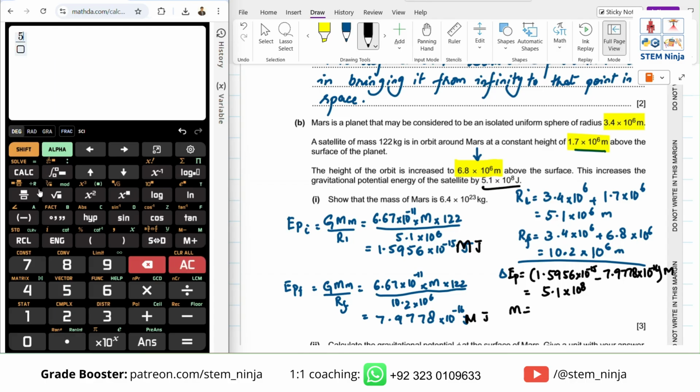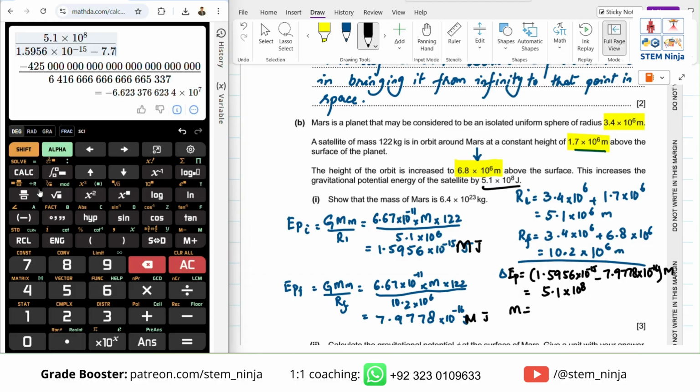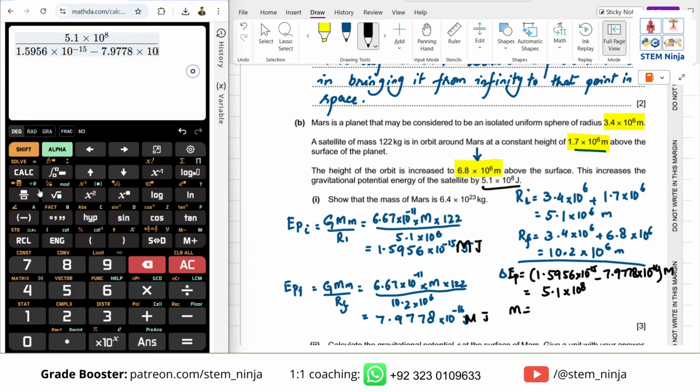So 5.1 × 10^8 divided by the difference between 1.5956 × 10^-15 and 7.9778 × 10^-16.